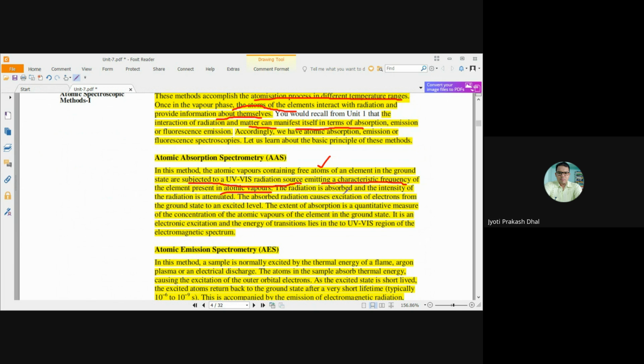The radiation is absorbed and the intensity of the radiation is attenuated. The absorbed radiation causes excitation.